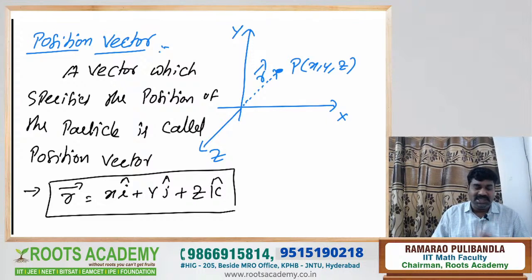So r bar is equal to x i cap plus y j cap plus z k cap, that is called the position vector. A unit vector is a vector whose magnitude is 1. A vector whose magnitude is 0 is called the null vector. A vector which specifies the position is called the position vector.